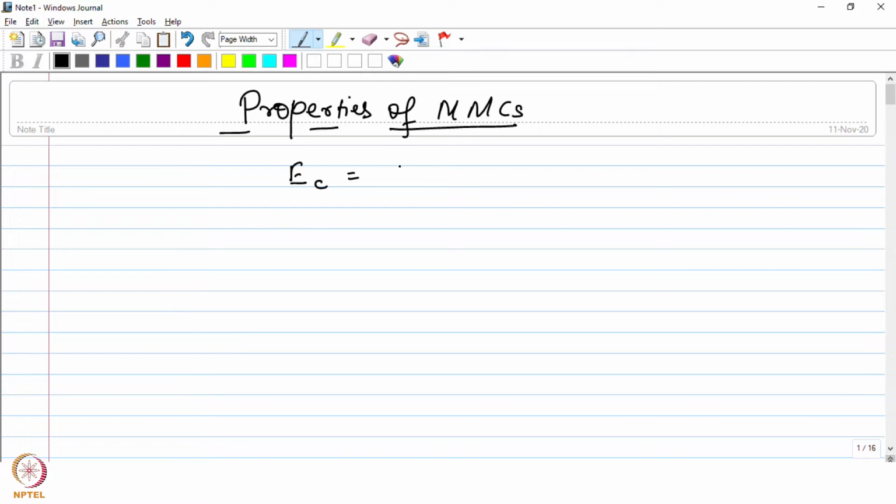So for example, if you talk about a fiber reinforced composite, the elastic modulus of the composite EC can be obtained as this, where FF is the volume fraction of the fibers.